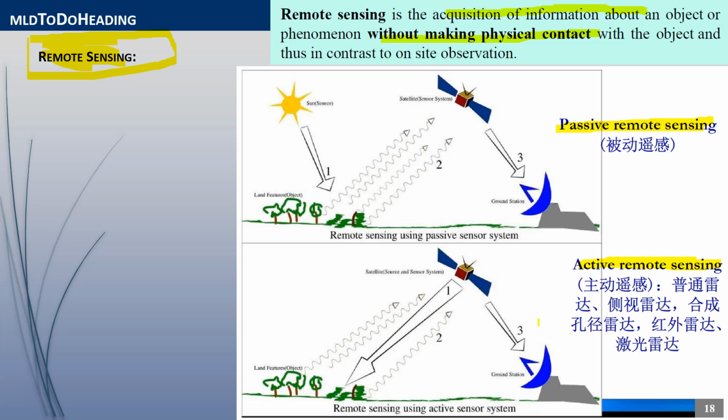The difference between active and passive remote sensing is this. This is the satellite, or it could be any drone, UAV, unmanned aerial vehicle, and the objective here is to collect images. This is our land, our field where crops are cultivated. We need to capture photographs of this particular region and send them to our ground station.